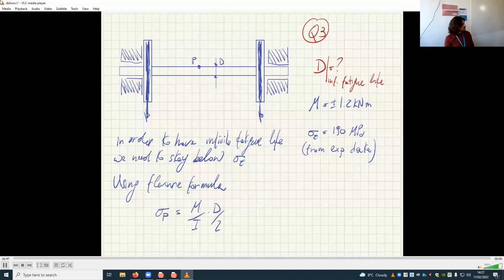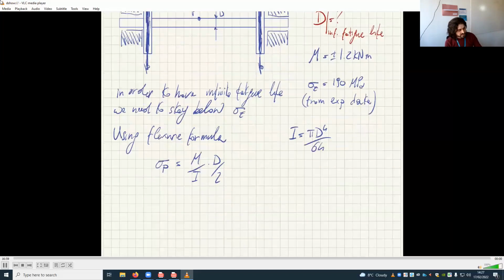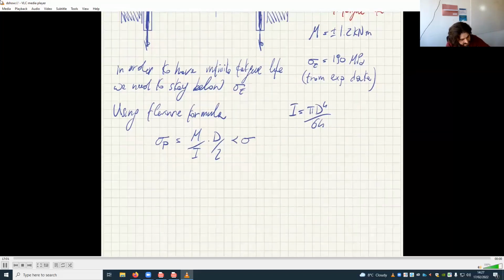And how much is I? This is a circular shaft, of course. So remember that I for a circular shaft is pi d to the power of 4 divided by 64. So this stress must be smaller than sigma E. And so I can just look at the second part of this equation and say that 64 M over pi d to the power of 4 times d divided by 2 is smaller than sigma E.